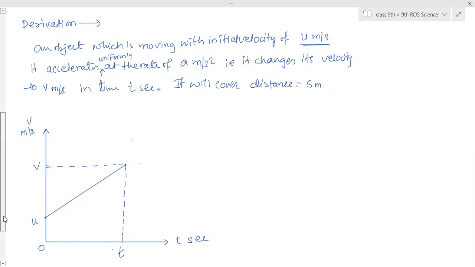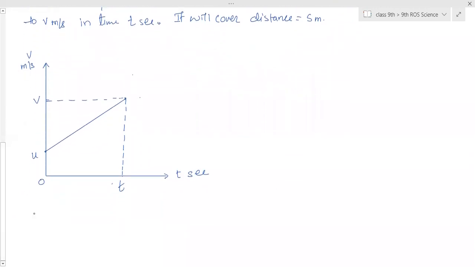So can you tell me from a velocity time graph how to find out acceleration? Uniformly accelerated motion. From that, how to find out acceleration? Acceleration from velocity time graph. Yes, Rajashri? V minus u by t. So it is change in velocity by time, right?